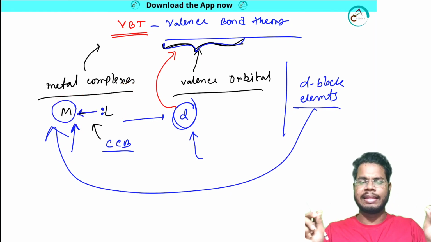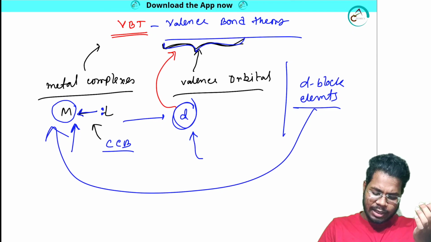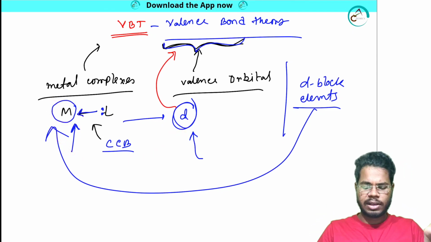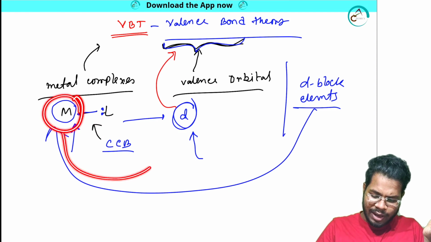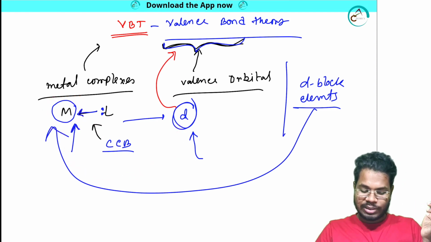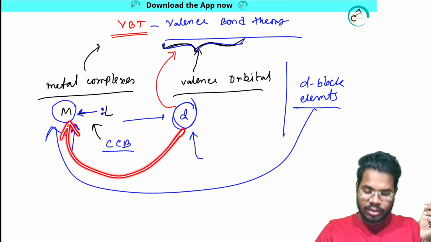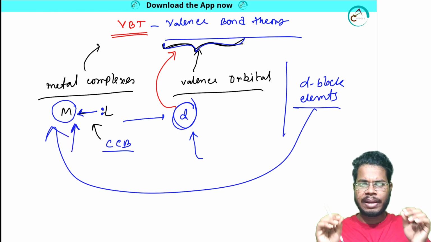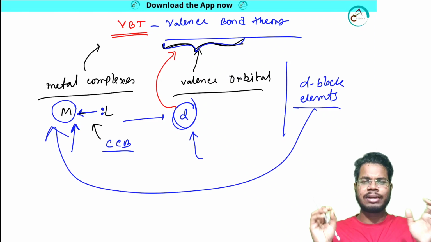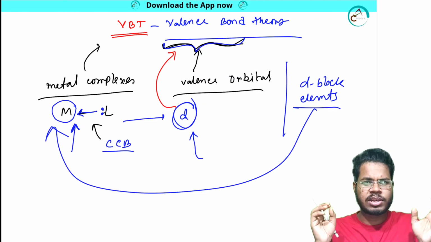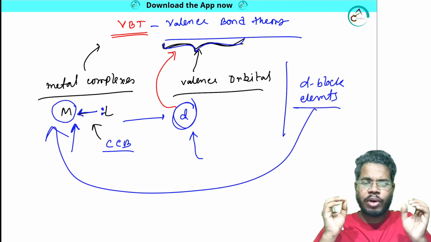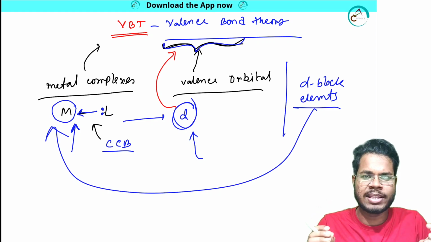Clear? These metals will have the d valence orbitals, and those will decide whether the metal will form a complex, whether the metal complexes will be stable or not, and whether the other properties shown by the corresponding metal complexes are correct or not. We want to explain all of these things through valence bond theory.